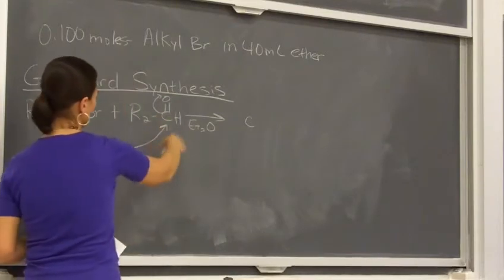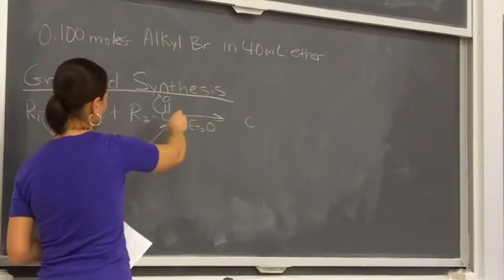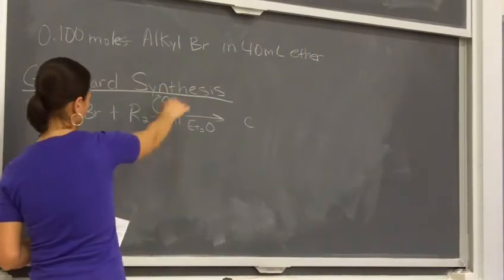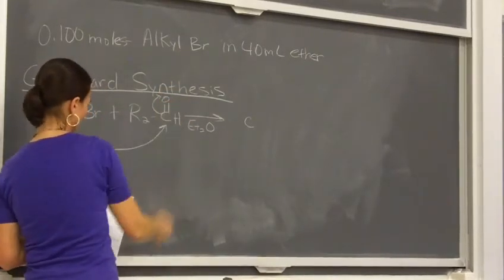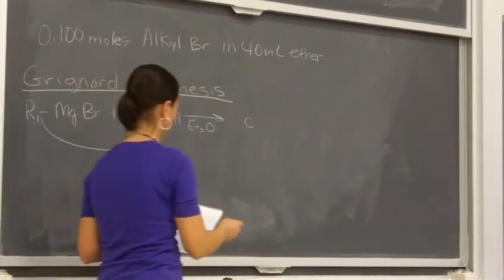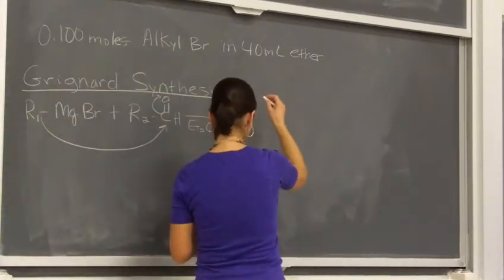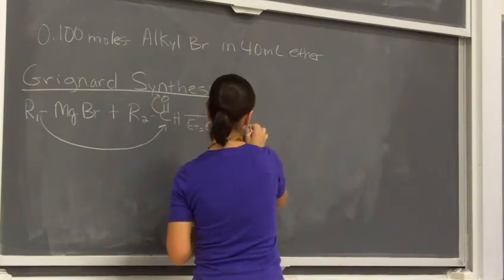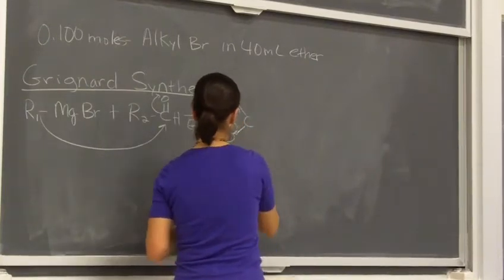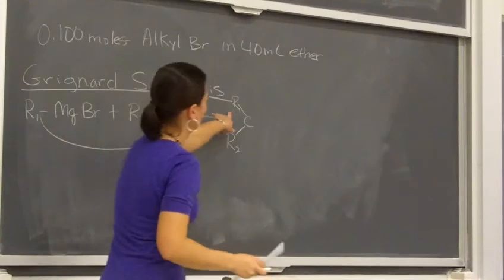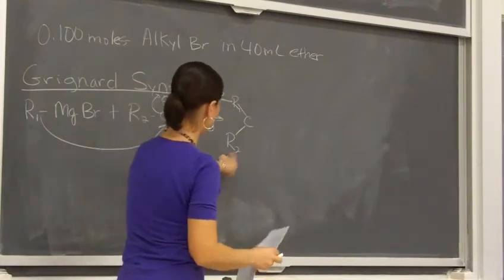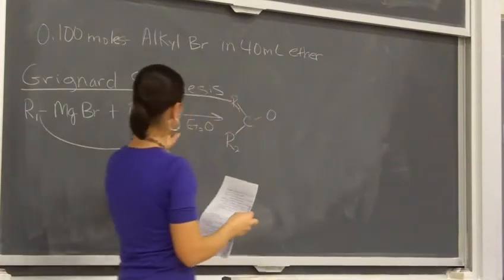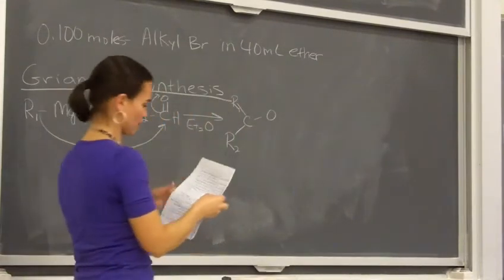And we'll get the movement of electrons. That nucleophile will attack that carbon, and then we'll get the movement of electrons up from the double bond of our carbonyl, okay? And so what we are forming, you want to keep track of who's who, okay? So we've got R1, we've got R2, and our oxygen is from the carbonyl of our aldehyde.